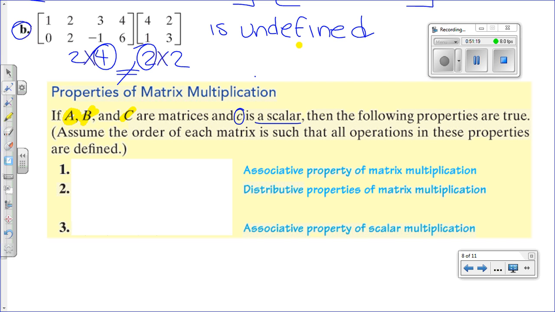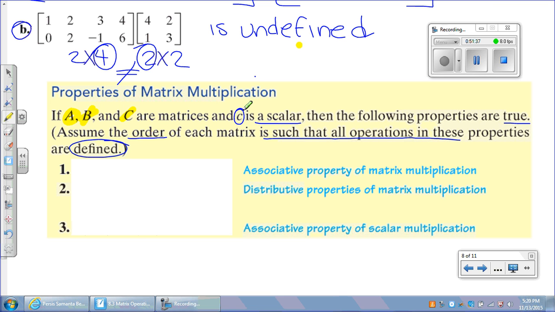For these properties to be true, we're going to assume that the dimensions of each matrix are such that all operations are defined. So we're not going to worry about checking the dimensions. We're just assuming that the products are defined.